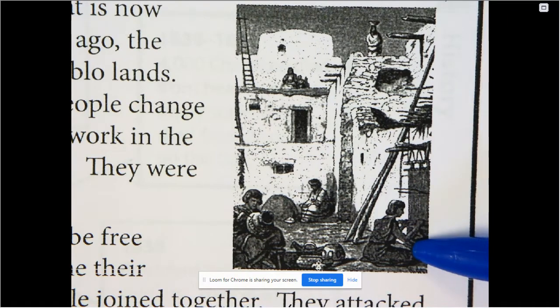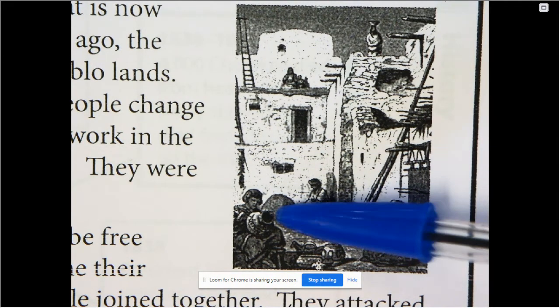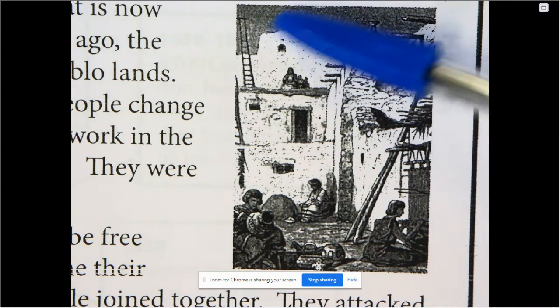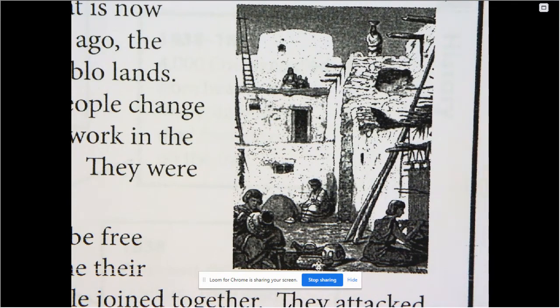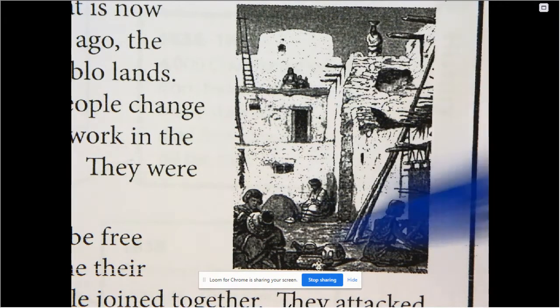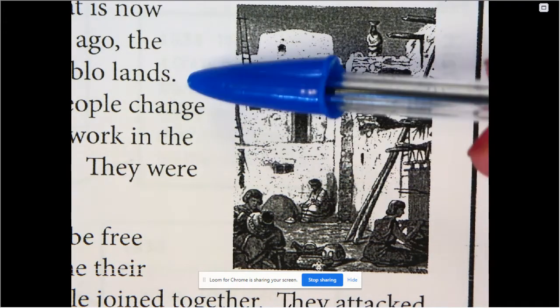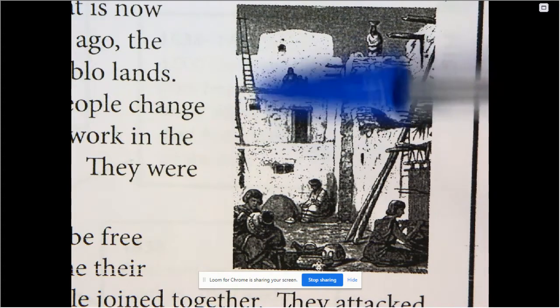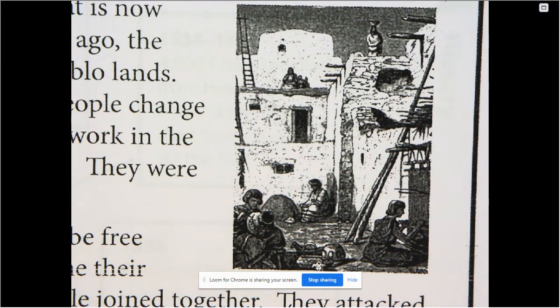It looks like this person might be grinding grain or breaking up corn. She's just sitting there on the rooftop with her children. These are different buildings made out of clay and mud. Looks like we have some ladders that go up high, so they're using some wood. There's ladders here, there's ladders here, little windows and doors. So we can tell this was quite a long time ago.